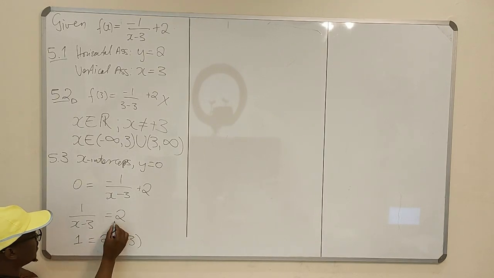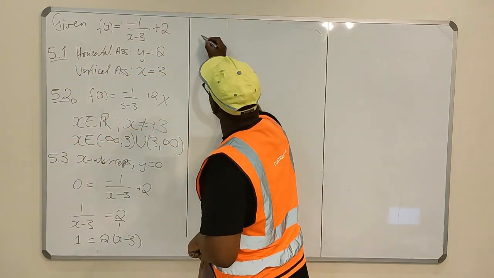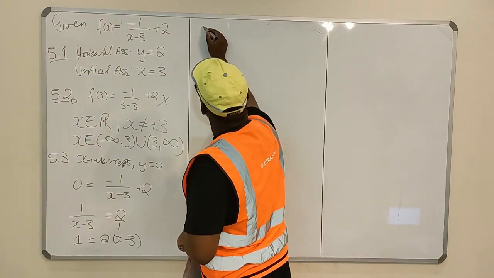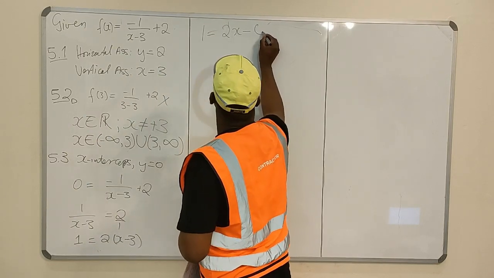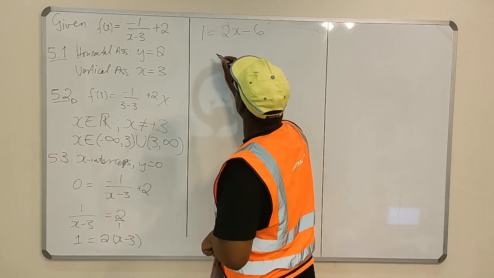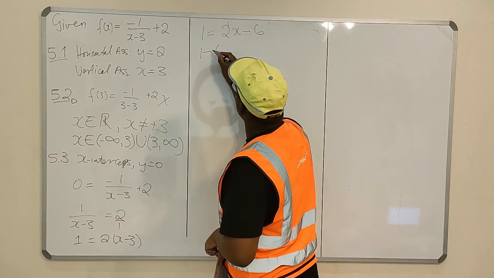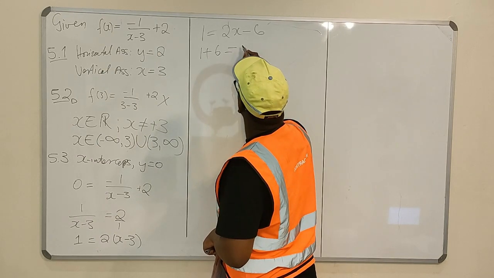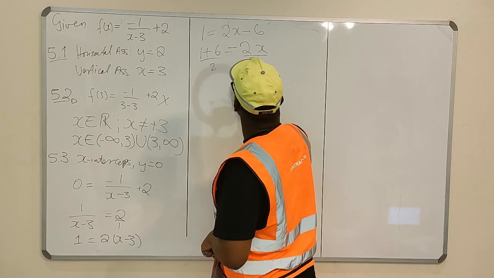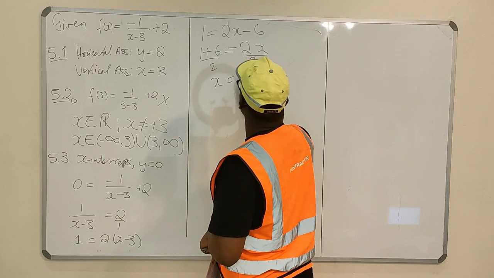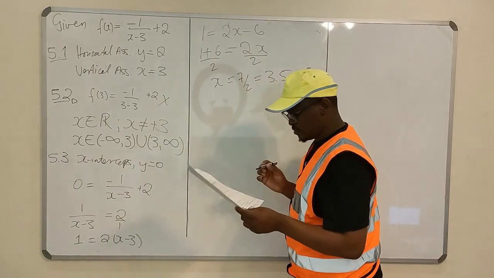So cross multiply it here, right? But you have 1 is equal to 2x minus 6. Transpose the 6 to the other side. 1 plus 6 is equal to 2x, divided by 2, divided by 2, where x is equal to 7 over 2, which is equal to 3.5.